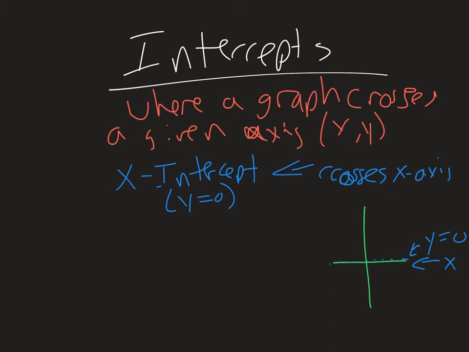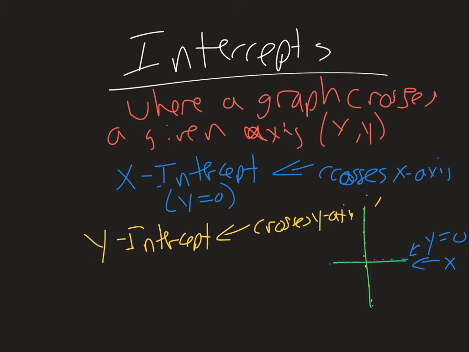And then, in a very similar line of logic, if I'm looking at a y-intercept, it's where it crosses the y-axis. And if I'm looking at this vertical line, this is going to be where x is equal to 0.